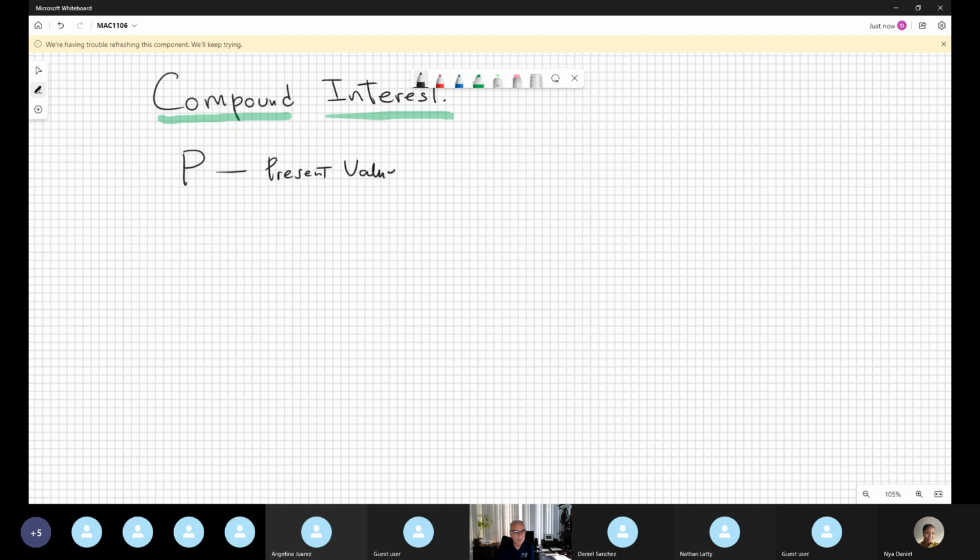And this money you deposit in a bank account or in any investment, not necessarily a bank account. And if you never withdraw, the money keeps increasing to one value that I want to call future value.